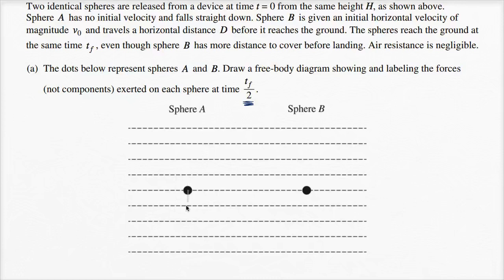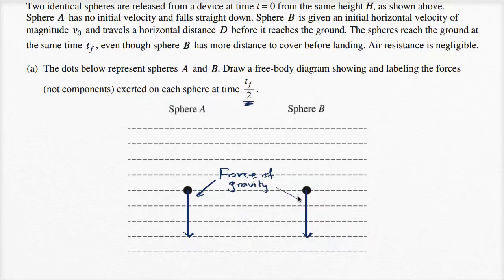So let me draw. That right over there is the force of gravity on sphere A, and that is the force of gravity on sphere B. And so we could write force of gravity.